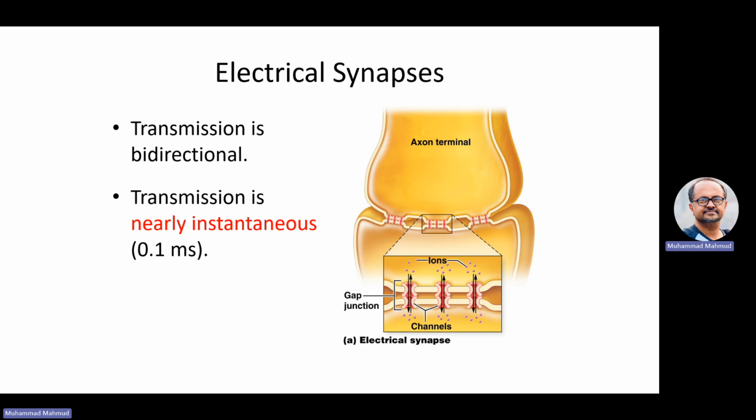And these transmissions are bidirectional, that means they can move back and forth, and it happens nearly instantaneously, 0.1 millisecond, 1/10 of a millisecond. So tiny fraction of a second. So for the electrical synapses, these are the characteristics.